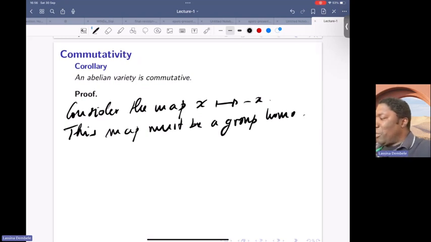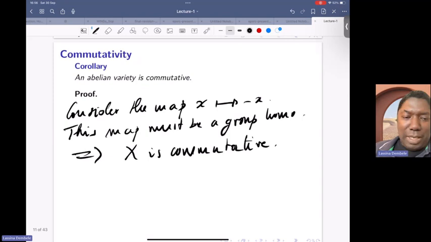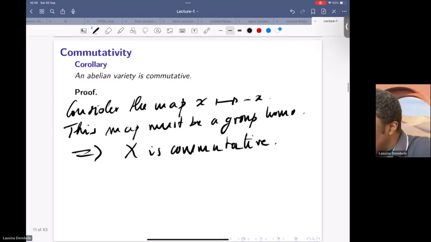And for this map to be a group homomorphism, you see that this would mean that X must be commutative. So this is now just pure algebra, and I've left this to you as an exercise.